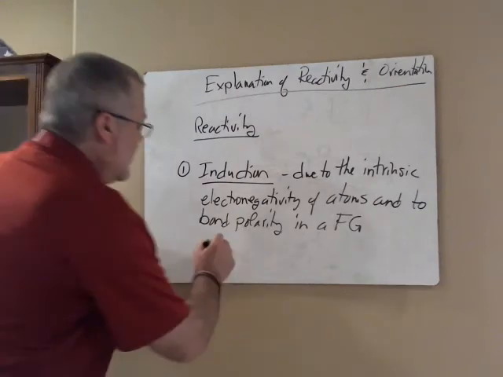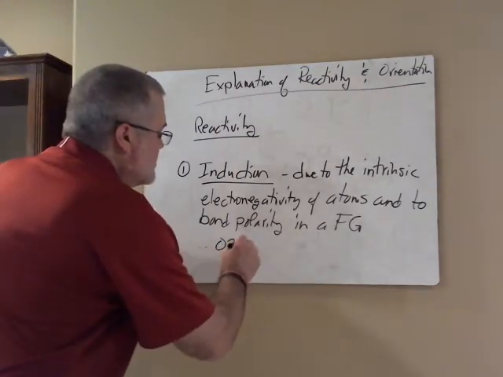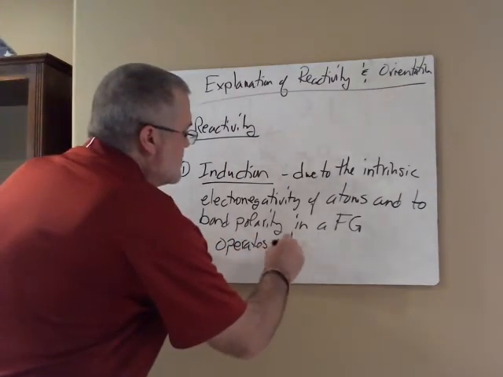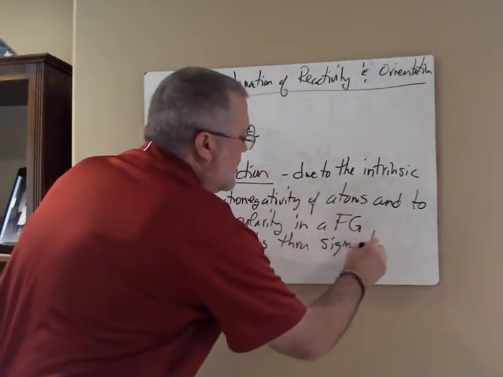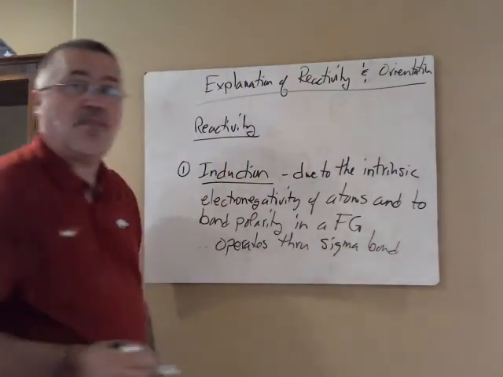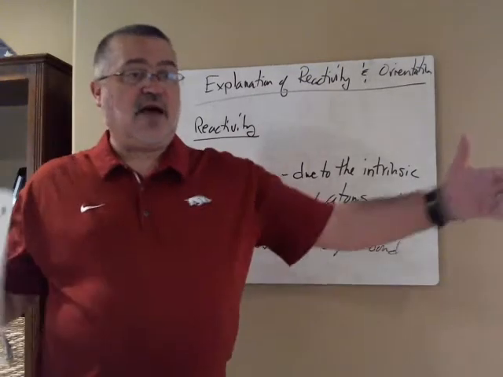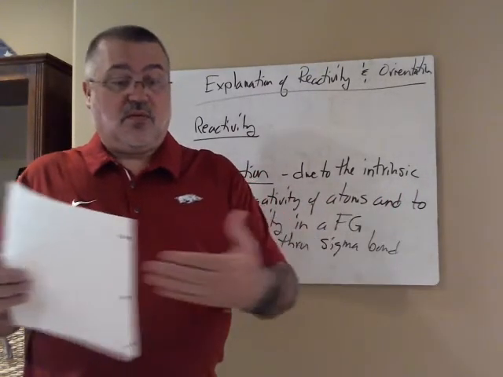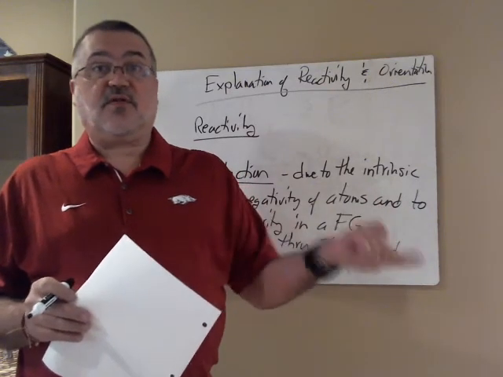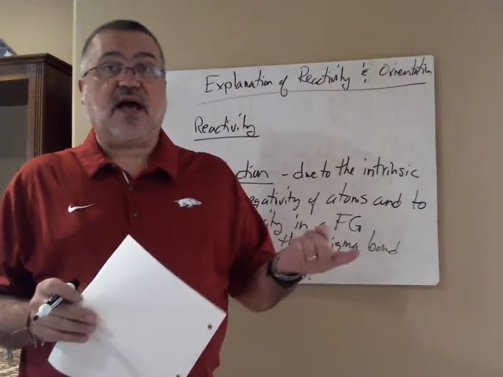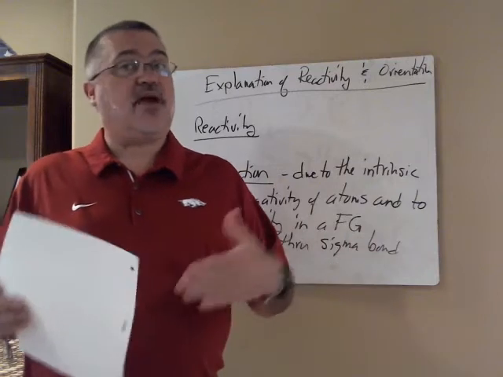And remember, it operates through a sigma bond. So induction, you have two atoms that are bound together. There are two electrons within that bond. Due to the electronegativity of the two atoms, one of them is going to be more electronegative than the other.